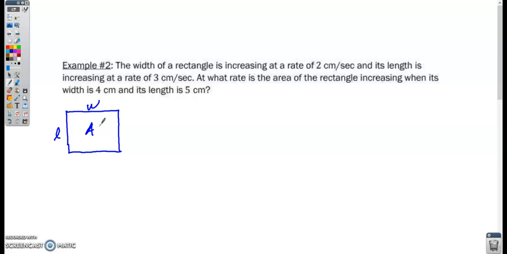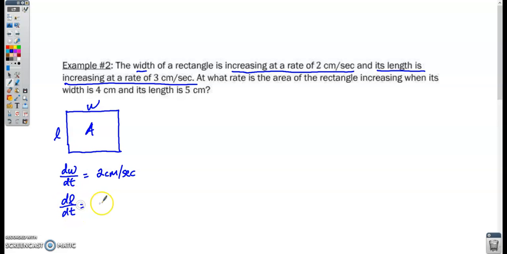Then I'm going to write down my numerical information. The width is increasing at a rate of 2 centimeters per second. So that's the rate for the width, dw dt, which is 2 centimeters per second. And its length is increasing at a rate of 3 centimeters per second, so dl dt is 3 centimeters per second.